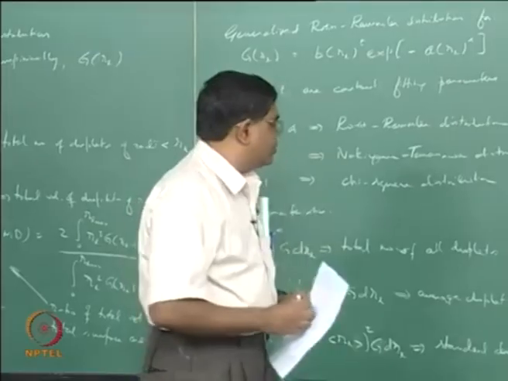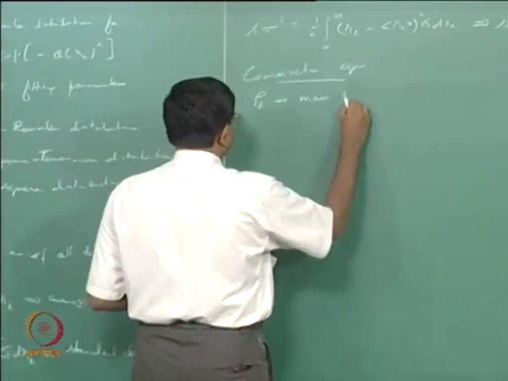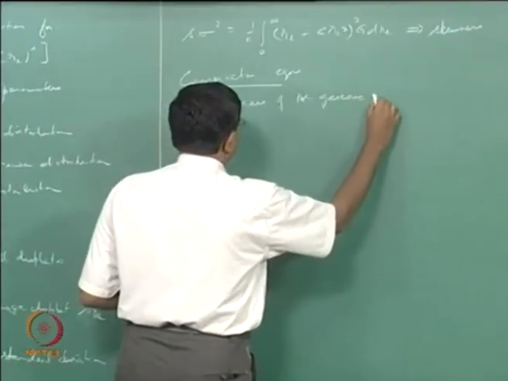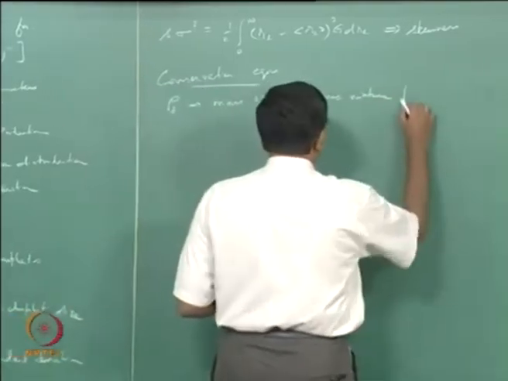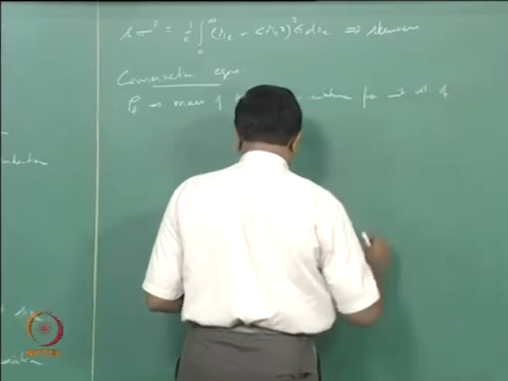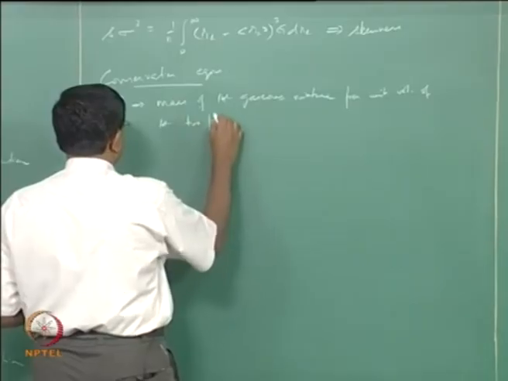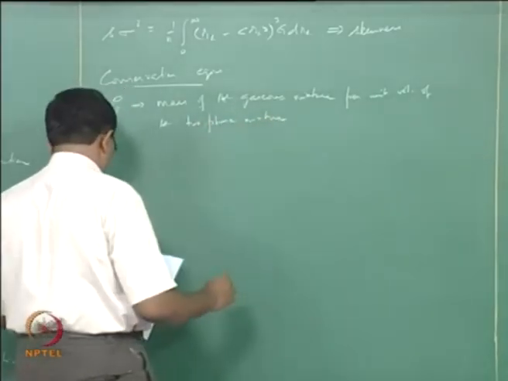So this is basically the mass of the gaseous mixture per unit volume of the two-phase mixture.